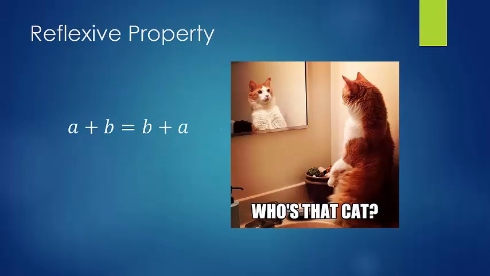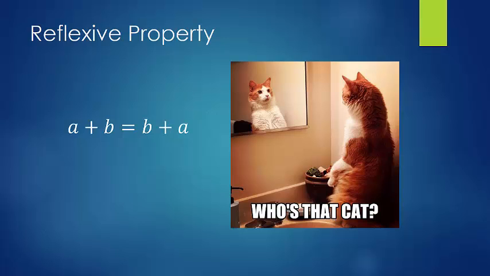Reflexive property. This actually is a little bit misleading because it should just say A equals B on both sides, but remember that mistake. All the reflexive property is saying is x equals x, and this example is a combination of two properties.